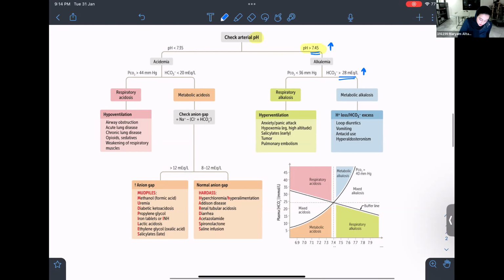Loss of H+ can be due to vomiting, okay? And you can also have hyperaldosteronism, excessive bicarb due to antacids. There's a variety of different causes here. But the key thing for you guys to understand more so is going to be identifying the type of disorder that this patient has, okay?